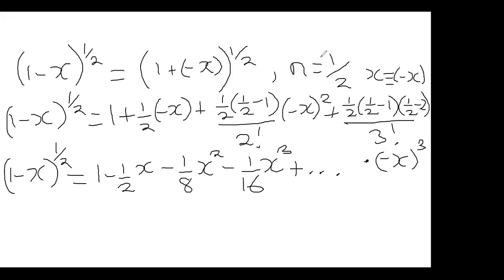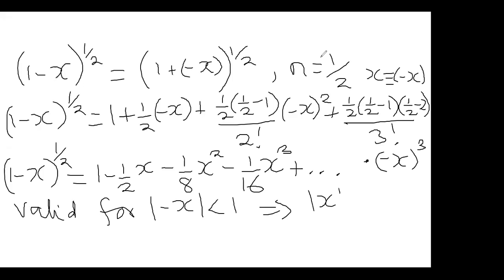Now we've been asked, we know this is valid for what? It's supposed to be valid for absolute value of negative x less than 1, which will be absolute value of x less than 1. So you should join back as usual.